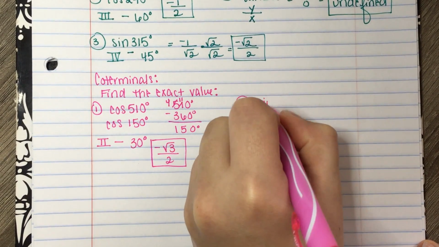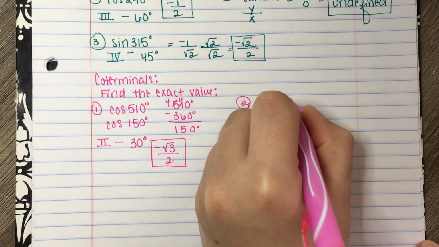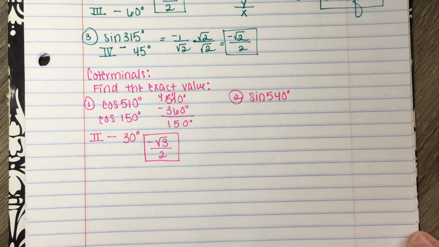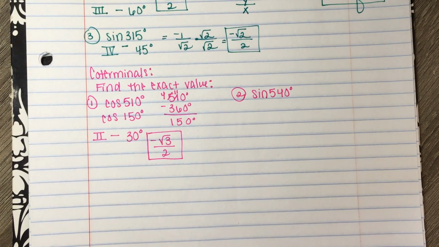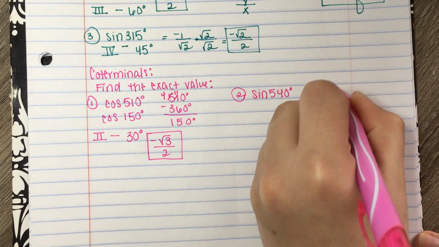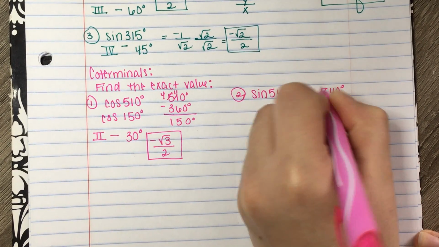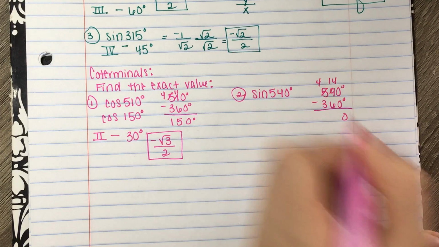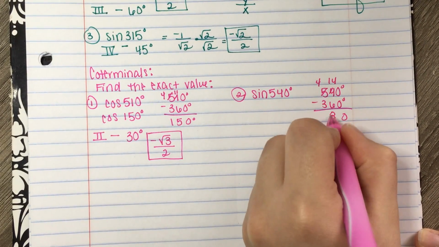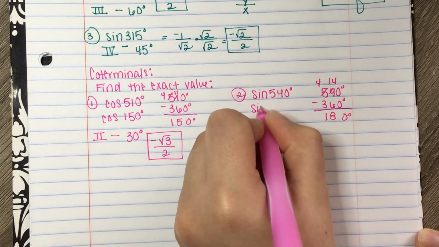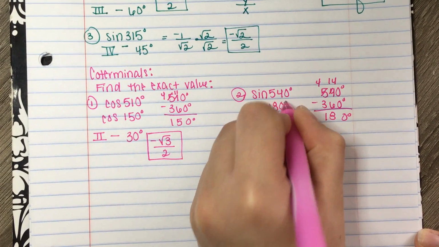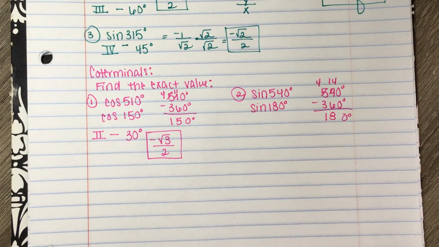We're going to try to evaluate sine of 540 degrees. All right, that's past 360, so let's solve for a coterminal angle there. In our coterminal angle, we're going to subtract 360 degrees. So I have 0 minus 0. I regroup the 5. And the 4 becomes a 14, we got 8, and sine of 540 degrees is the exact same as sine of 180 degrees.